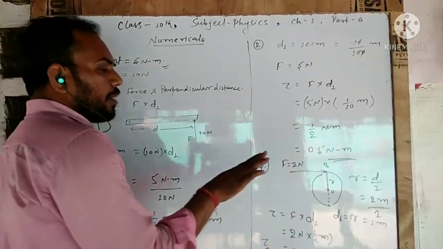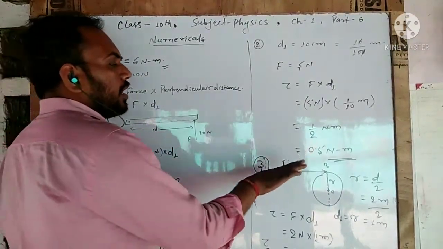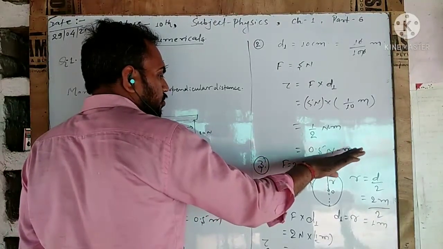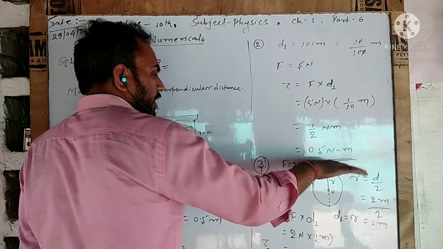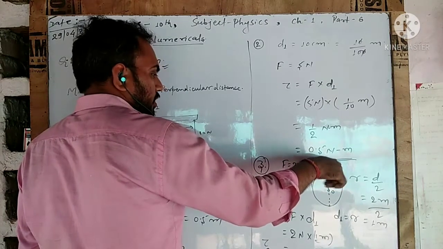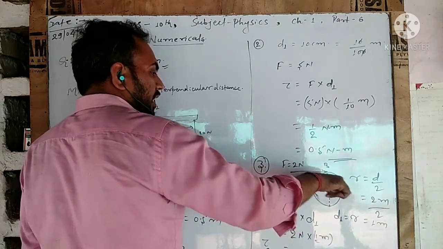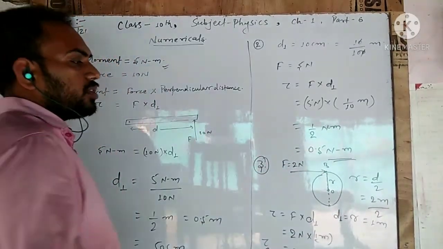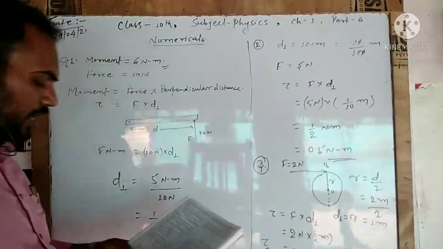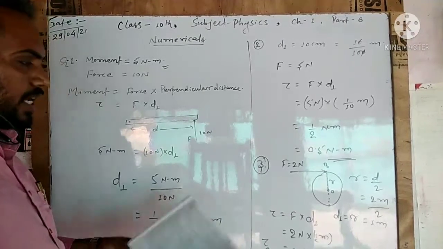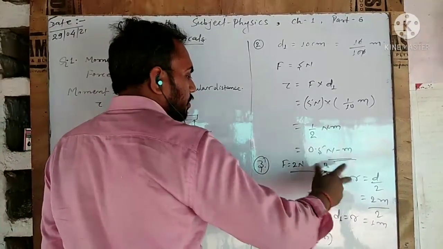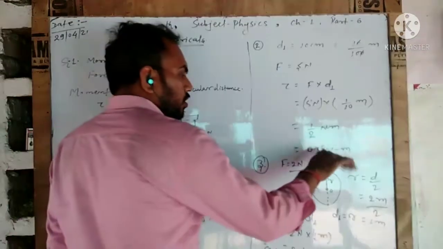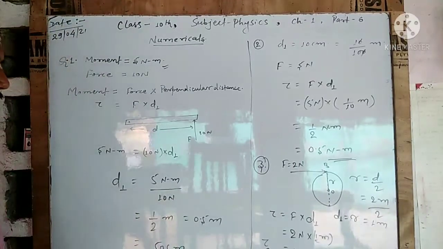You put your thumb in the direction of the axis of force and rotate it towards the perpendicular distance, and then the thumb points out the direction of the moment. So it will be in clockwise direction. You have to use the right hand thumb rule.